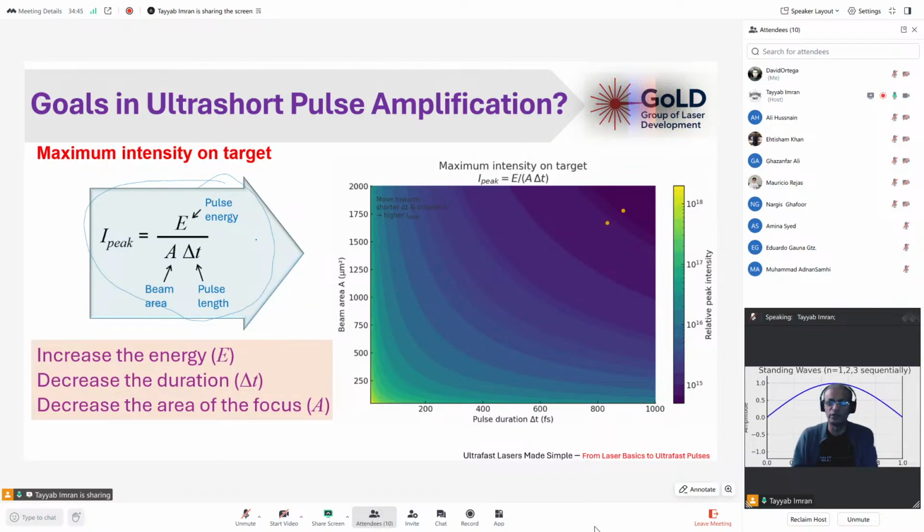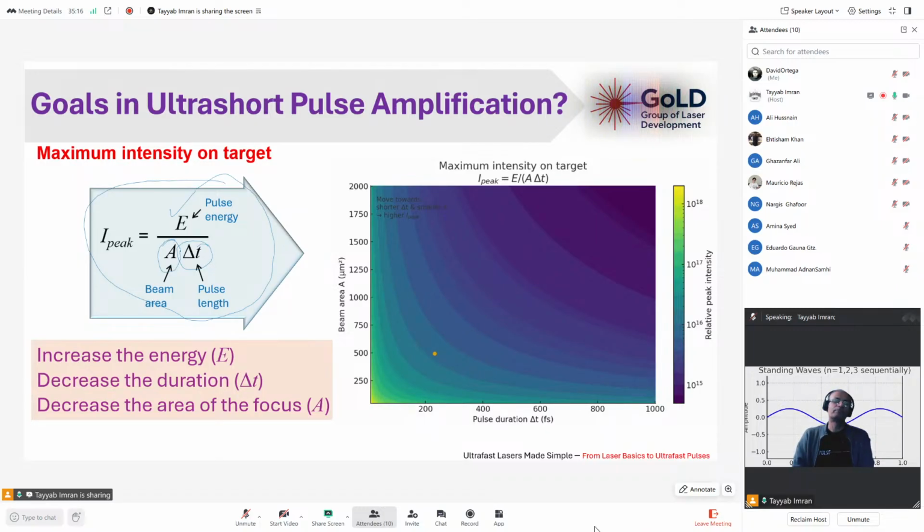Okay, so controlled. And what this equation is showing now, that is the peak intensity is equal to the pulse energy here, and A is a beam area, and this delta T is a pulse length here.